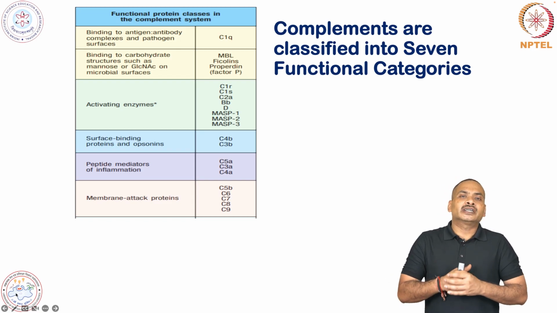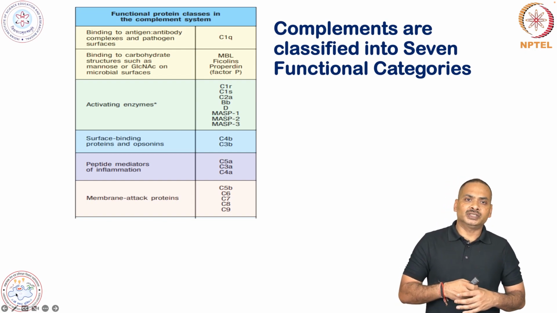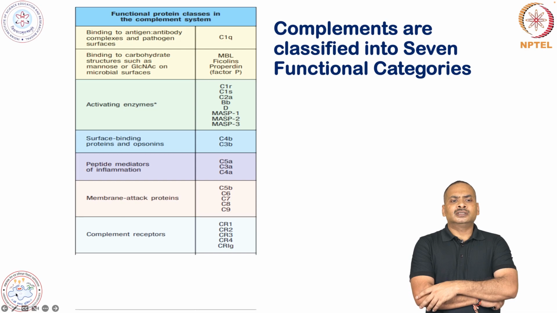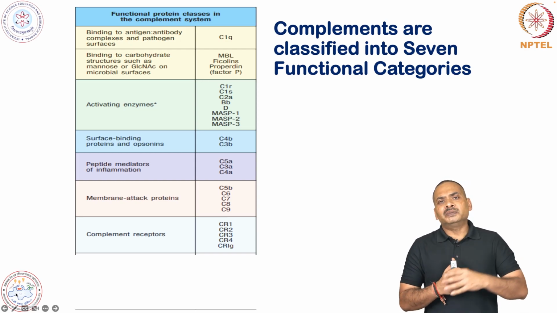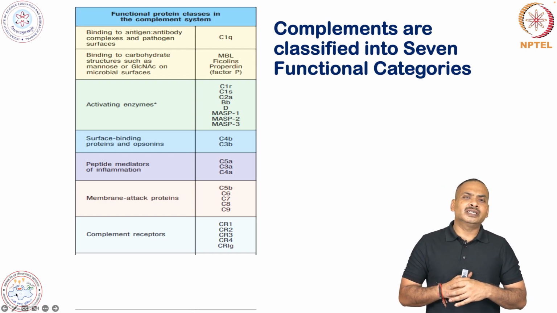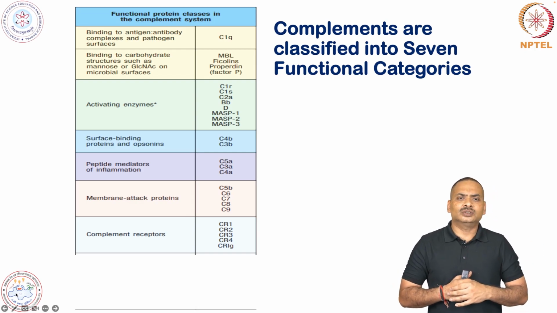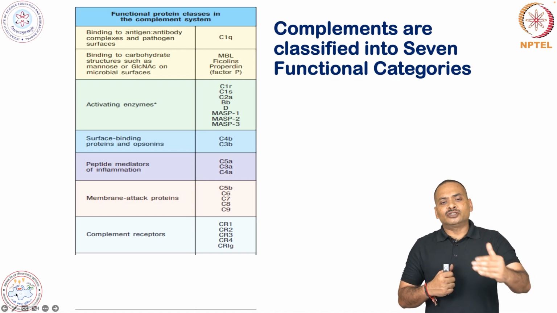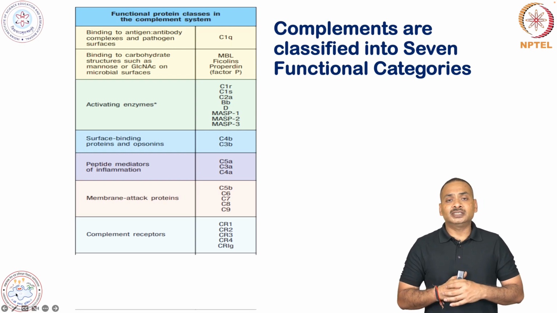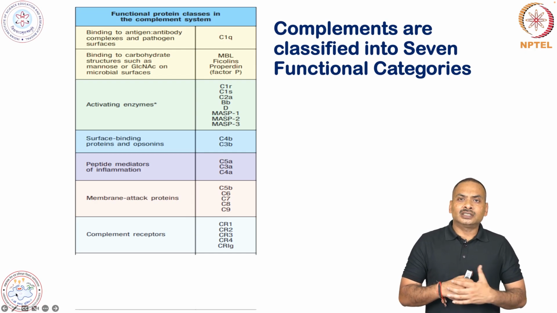Basically it makes a kind of pore or hole in the target cell. Another is complement receptors. For example, C4b and C3b, after coating, there will be a receptor on phagocytic cells. Those receptors are categorized as complement receptors like CR1, CR2, CR3, CR4 and CRIg. So these are the complement receptors.